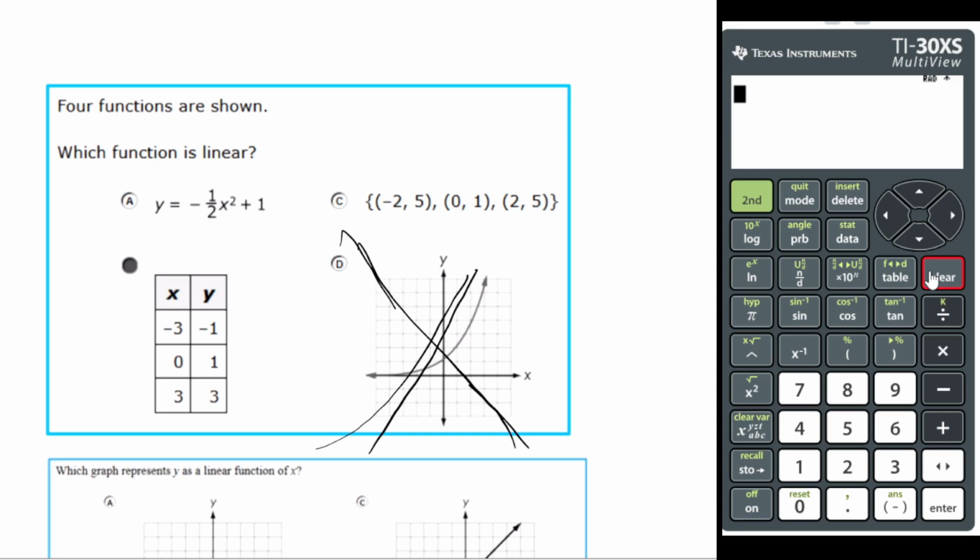Then, if they give you an equation, there's two rules for a linear function. Two rules. Here we go. Rule 1: there can be no exponents on your variables.